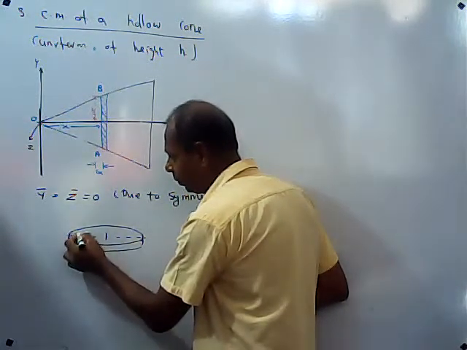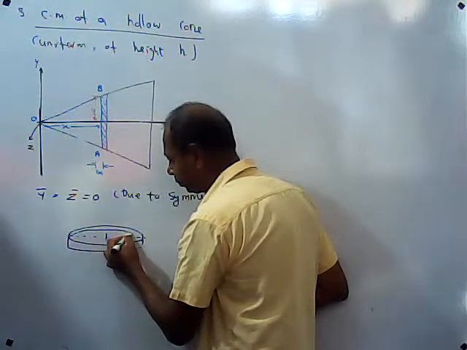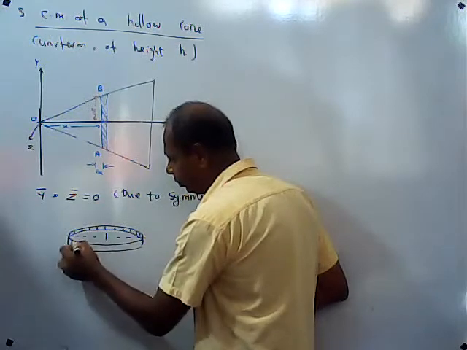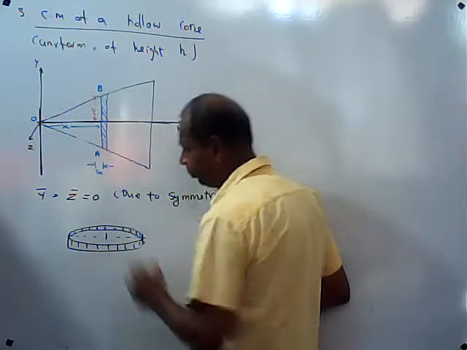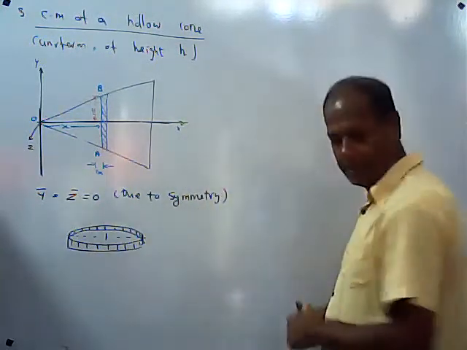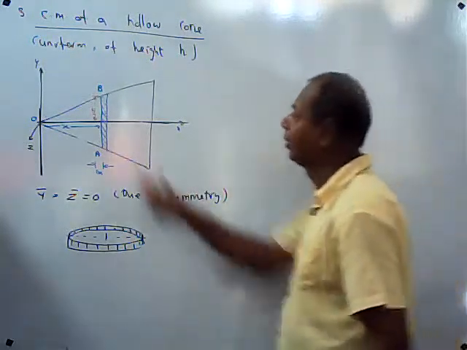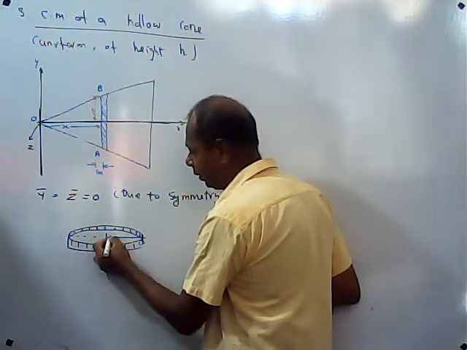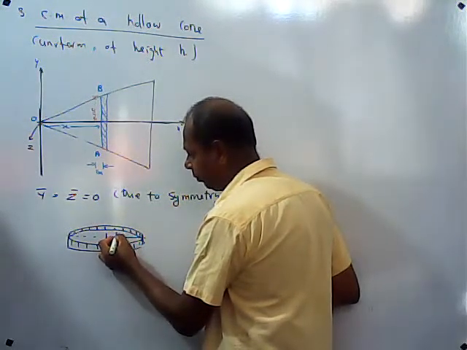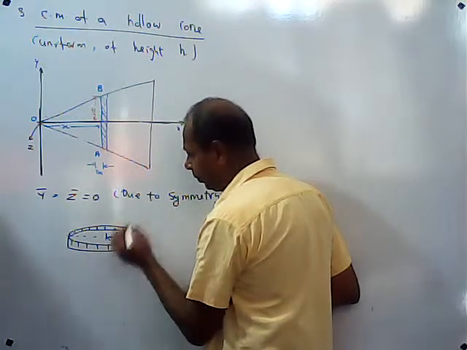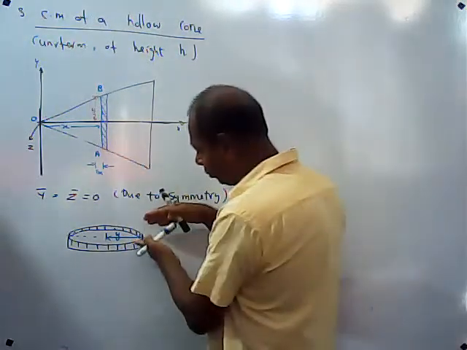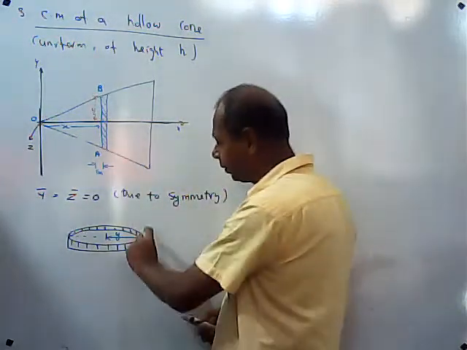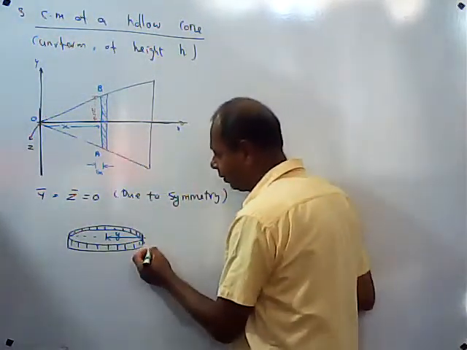Give the ring. Radius is y, right? It is y, and you weave it this way. Then the height here, the breadth, is delta x.